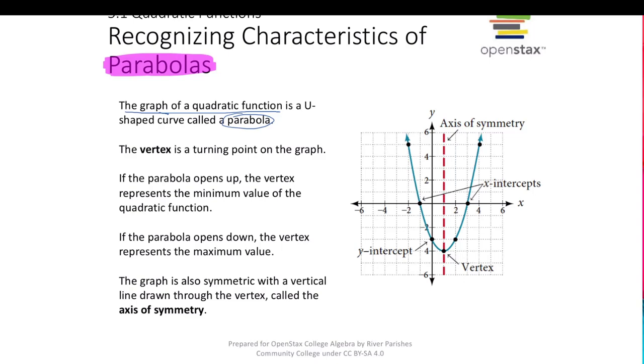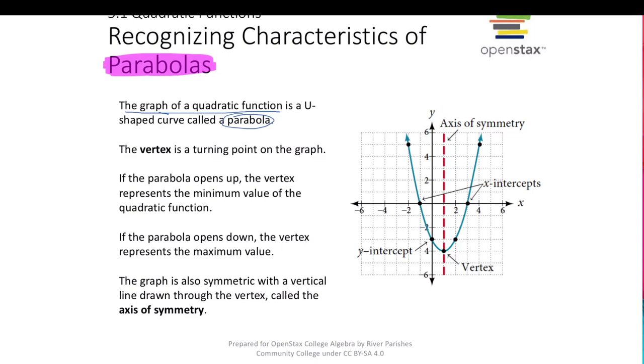Now, you've seen this type of curve before because we talked about the different parent functions in our toolkit, and the basic quadratic function was one of those, and it was a parabola, and then we saw them again when we were doing transformations. So you should be very familiar with this shape.